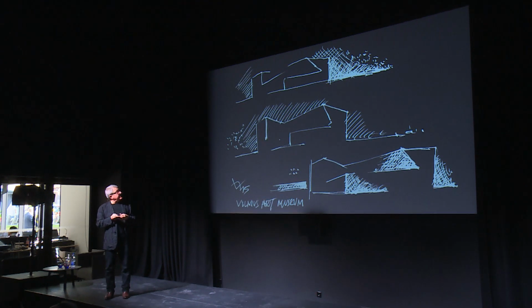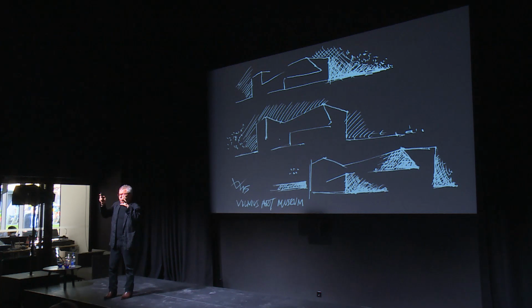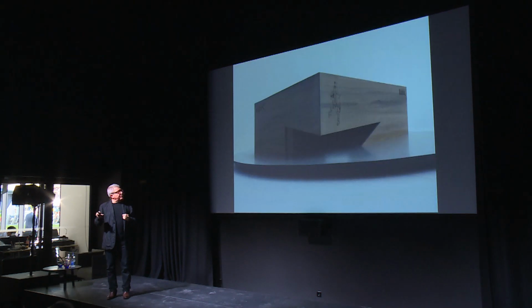And there it is, very early sketches, sort of how to take this simple cubic box and to open it through a series of cuts, perspectives, and to bring light in a sensitive way that is important for people.